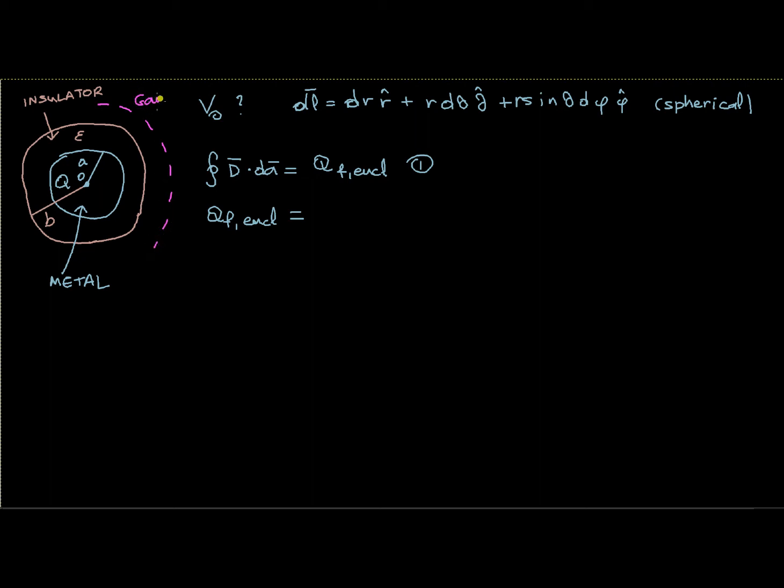This is my Gaussian surface. It's going to be a spherical shell. So for any point outside the sphere that contains all the charge, the free charge enclosed will be Q. So the entire charge enclosed will be Q for any r that is greater than a.